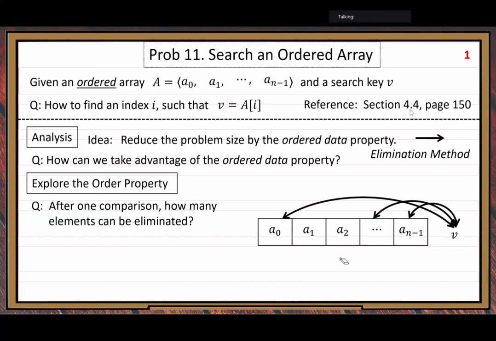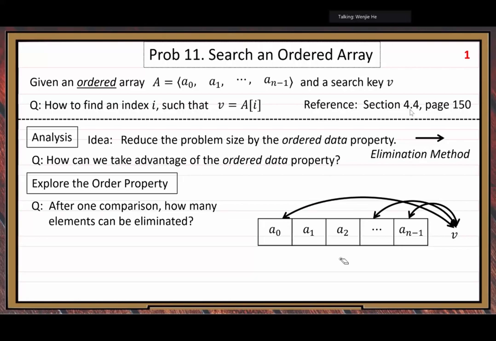Then, if one particular comparison results in elimination of more elements, can we say that's our better choice?